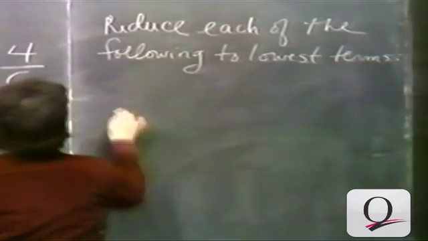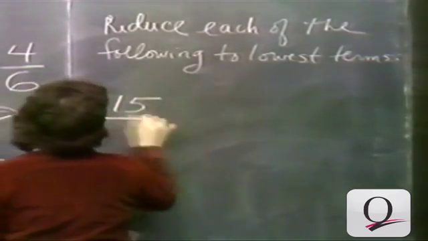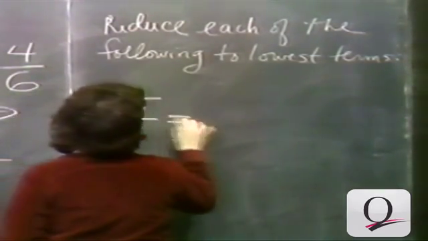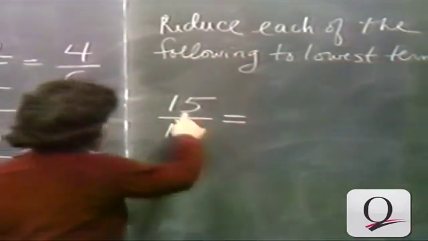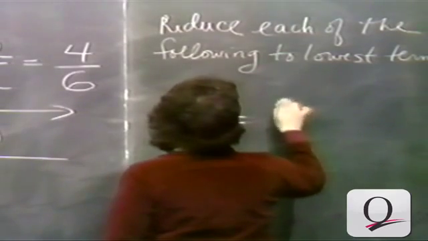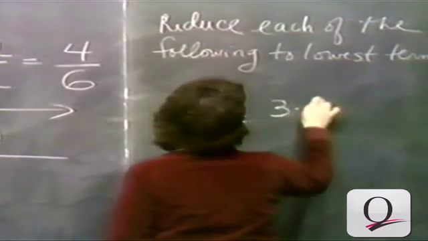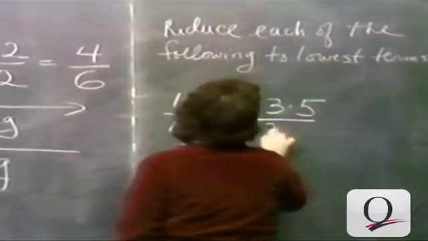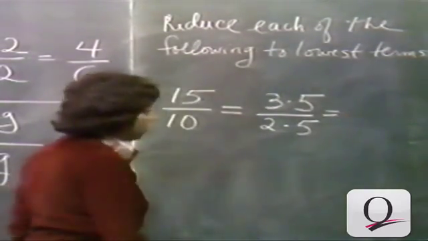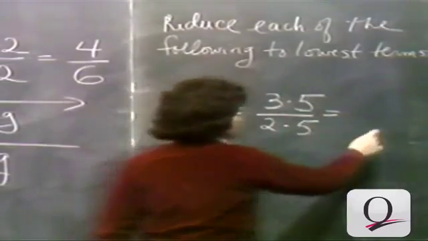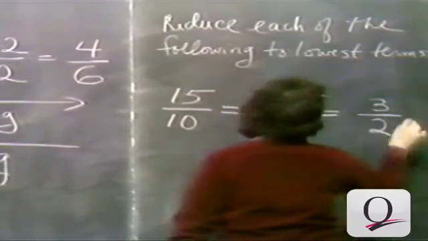Let's start simply with 15 over 10. 5 is a factor of both the numerator and the denominator. That is, the numerator here is 3 times 5, and the denominator is 2 times 5. We divide numerator and denominator by 5, or cancel out the 5's, to get the resulting answer of 3/2.